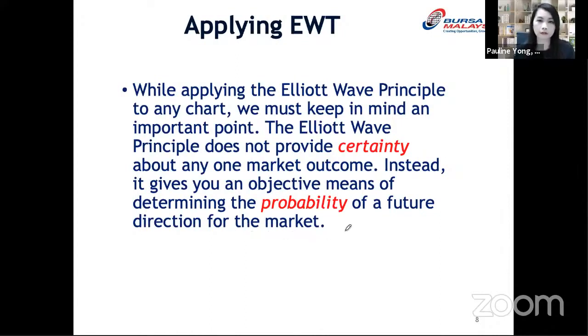In fact, the whole thing about investment is about probability. There's no certainty. But definitely you need to put a stop loss. And if things didn't turn out, then you just have to stop loss and exit the trade, without any emotional attachment. So everything is based on probability.